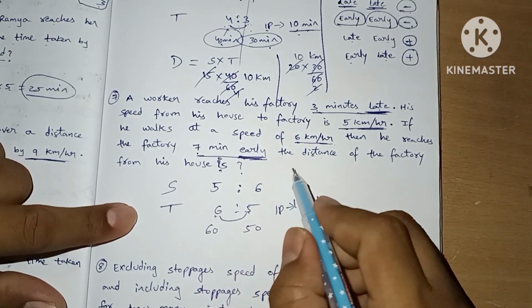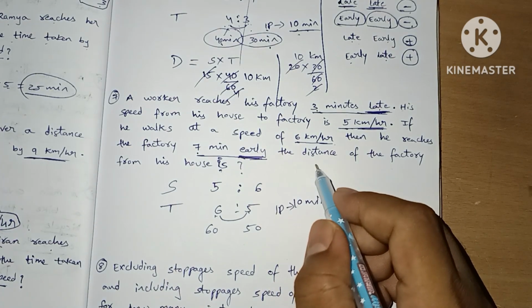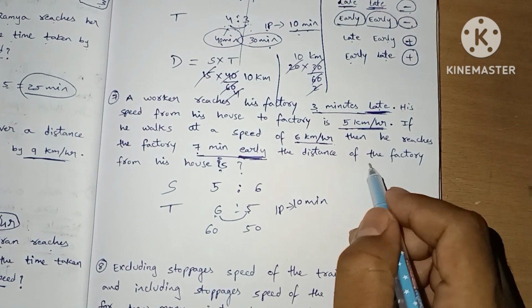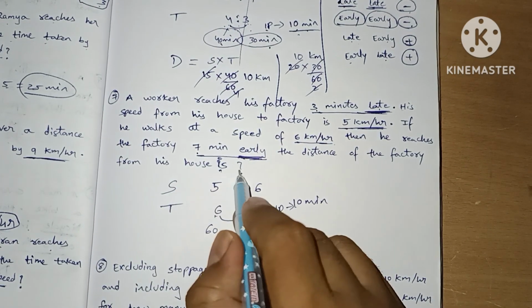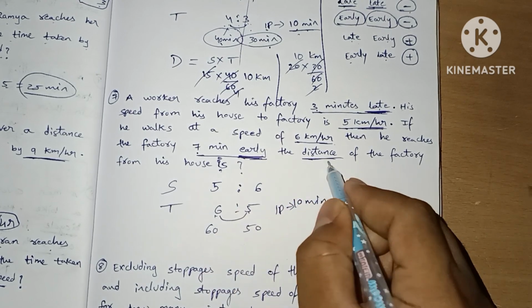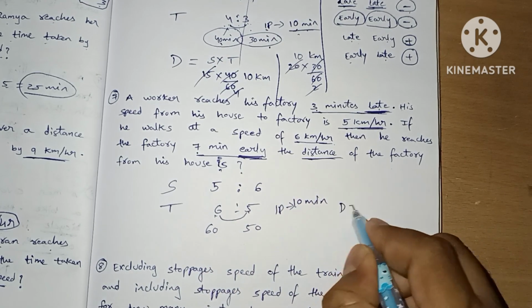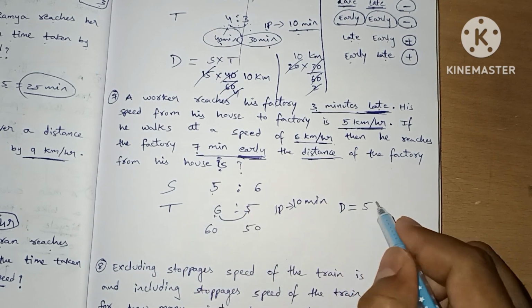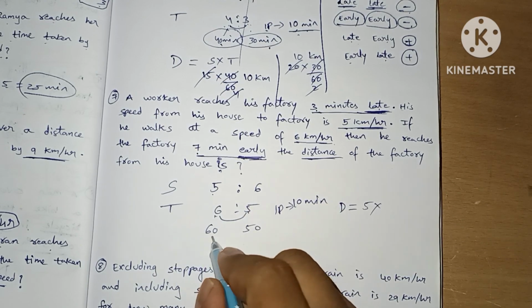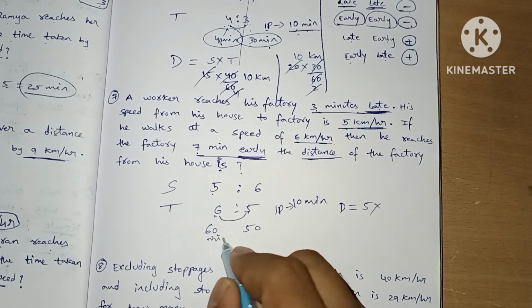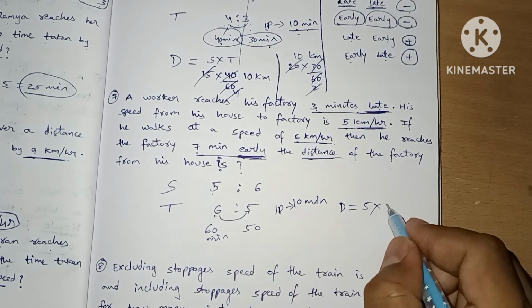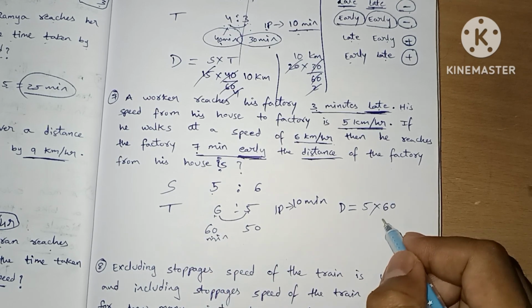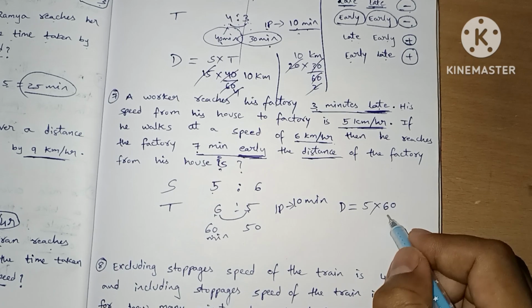Now the question asked is the distance of the factory from his house. Asking to find the distance, distance is equal to speed into time. We have speed 5 kilometers per hour into 60 minutes.